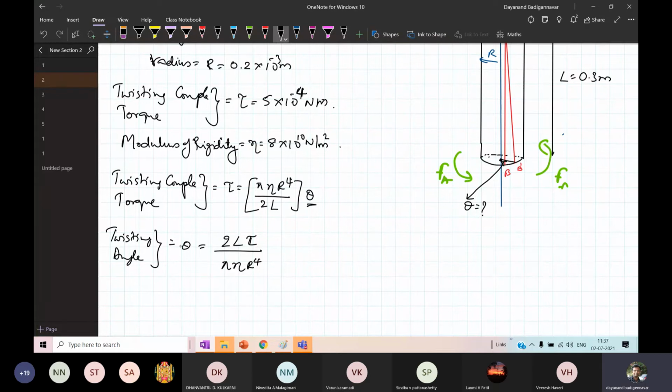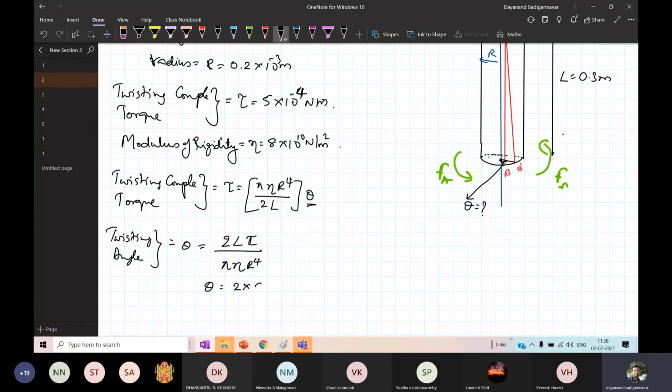So calculate that value of theta. I have rearranged it properly, no? Theta, the twisting angle, is equal to 2 into length.